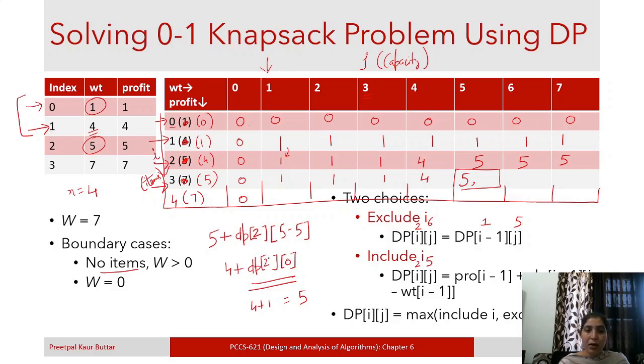Means you will look at the previous scenario when you had only the previous 2 items. You did not have this item. Okay, and capacity of the knapsack was 0. So 2 comma 0 is 0. So it means 5 plus 0, it is 5. So already it is 5.